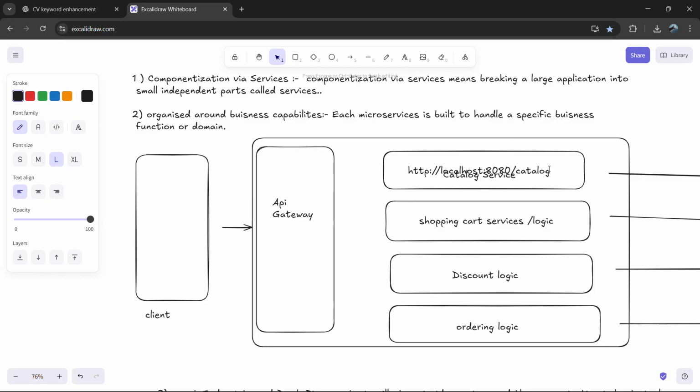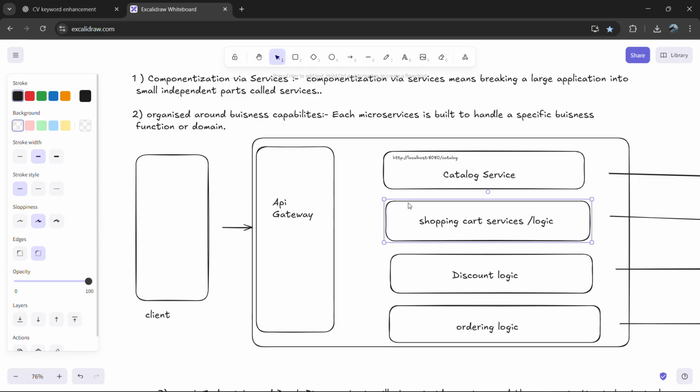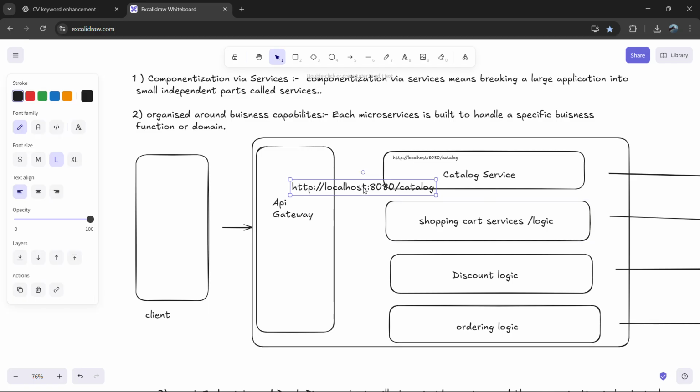In each service we have to write our REST APIs to communicate with each other.